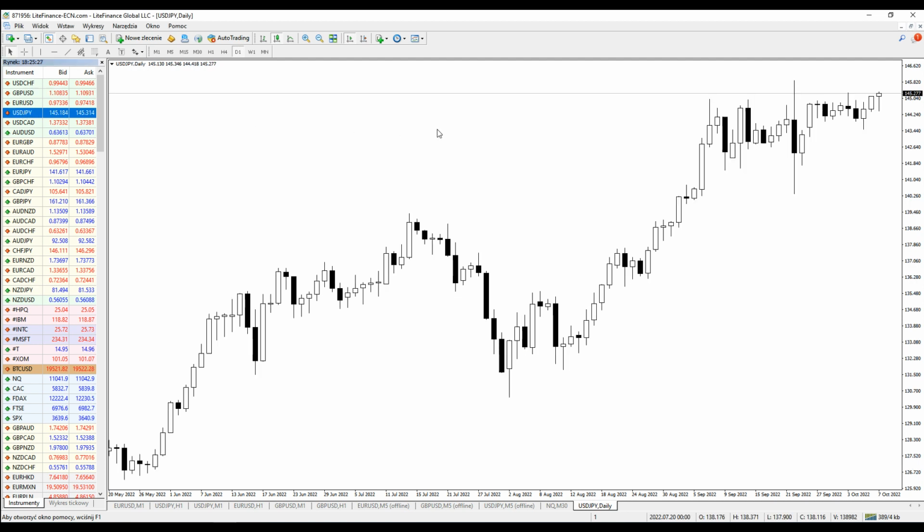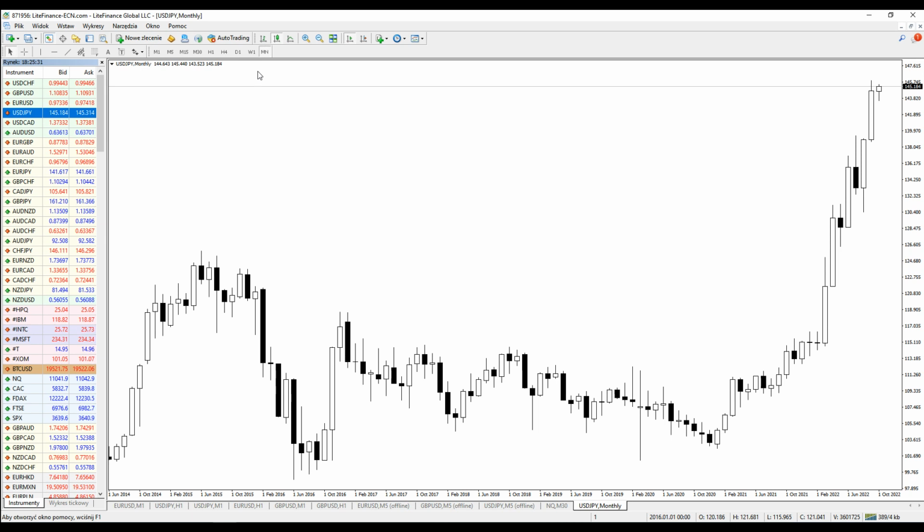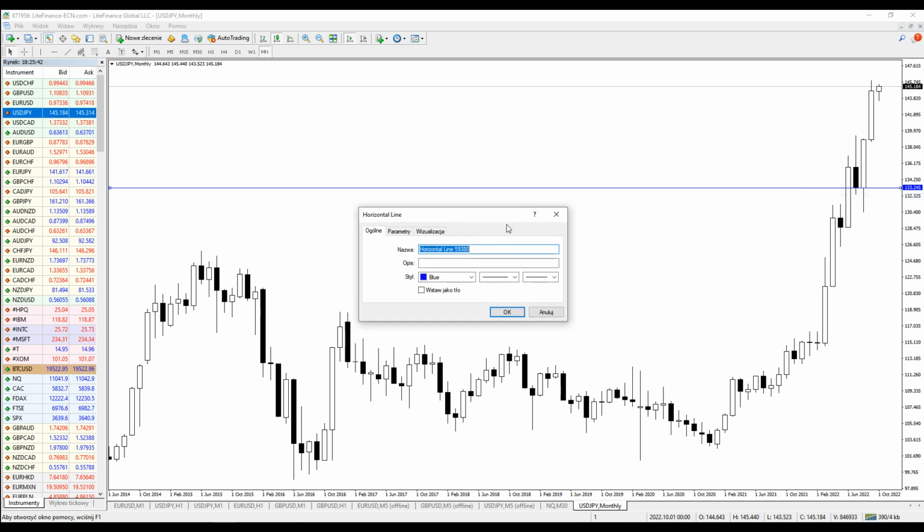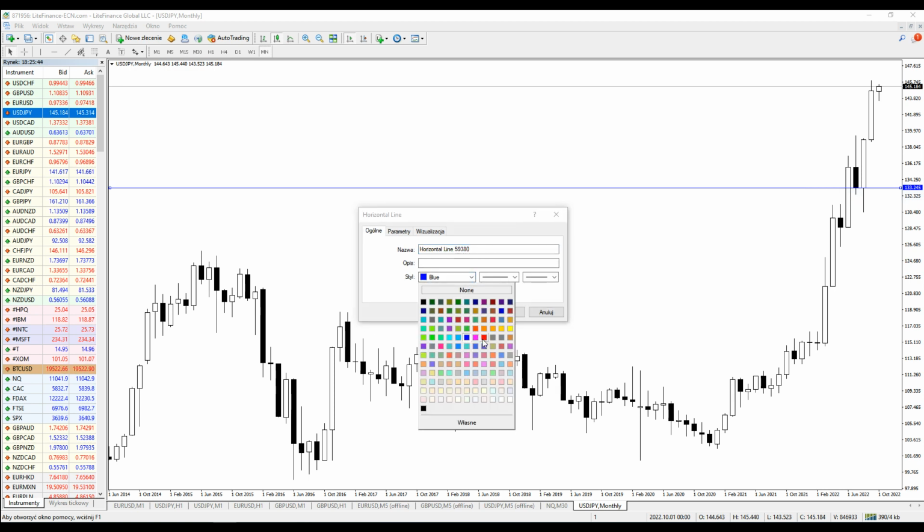So the last one is dollar yen, and here we have a very, very one-way big move to the upside. The big demand is in between this possible swing low, based on the monthly chart.